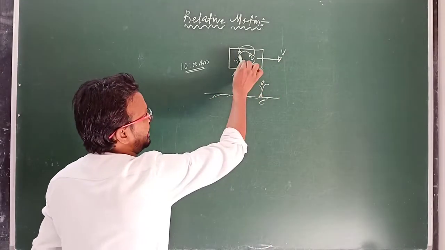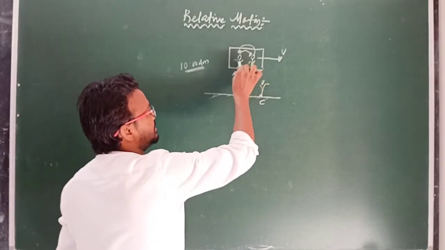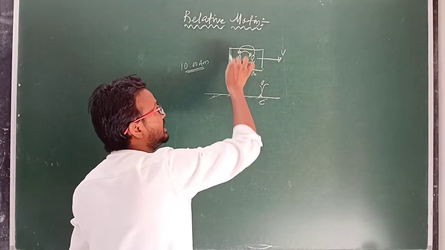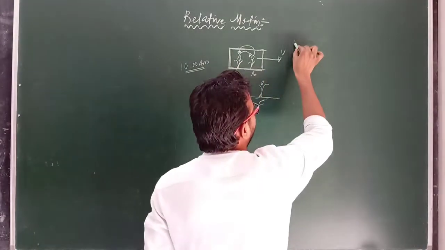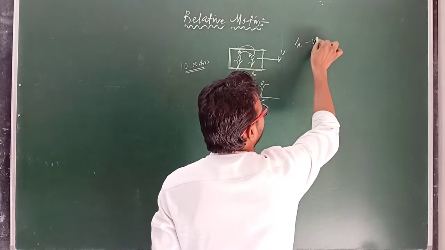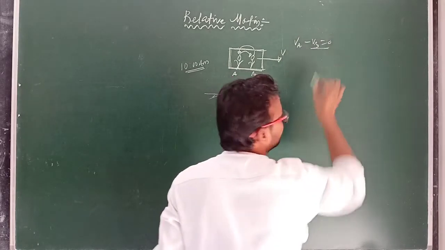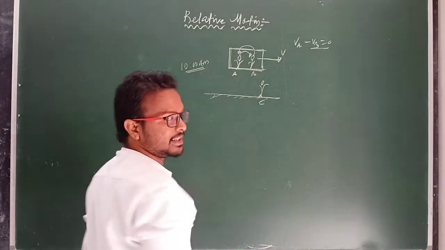Clear? So we can say the velocity of A minus the velocity of B equals 0. There is no relative velocity inside this reference frame.